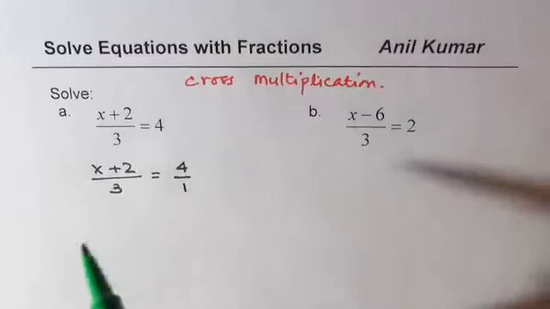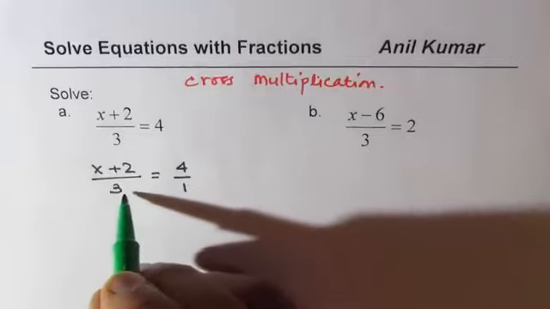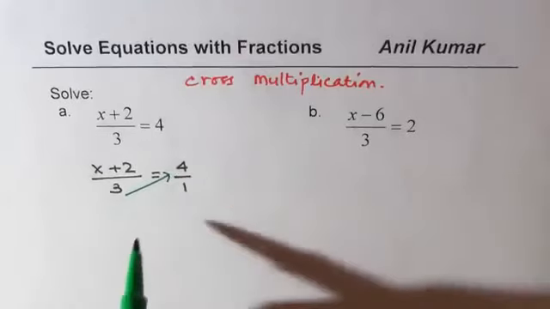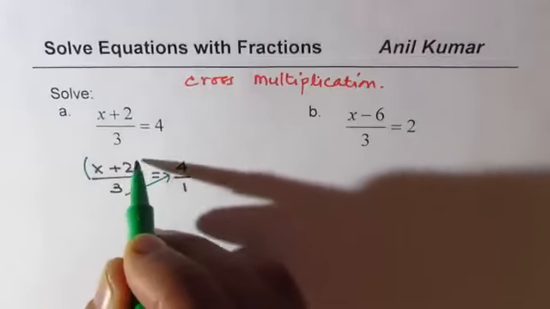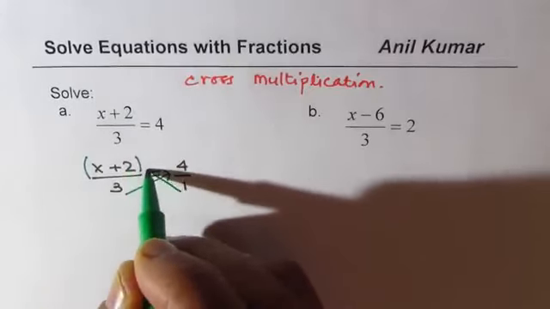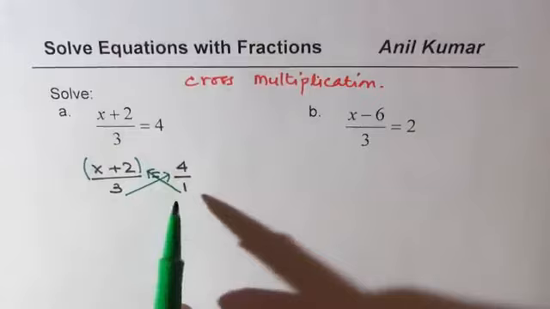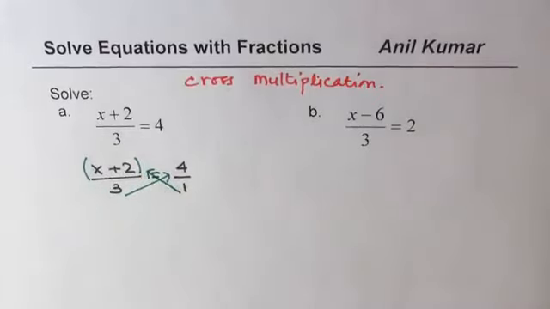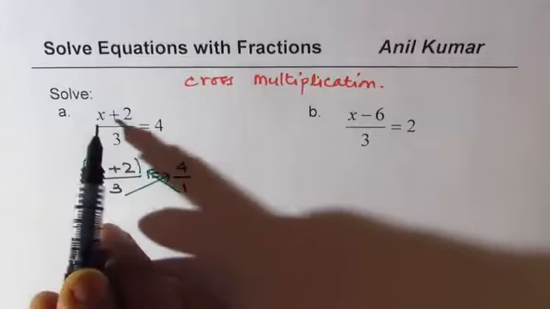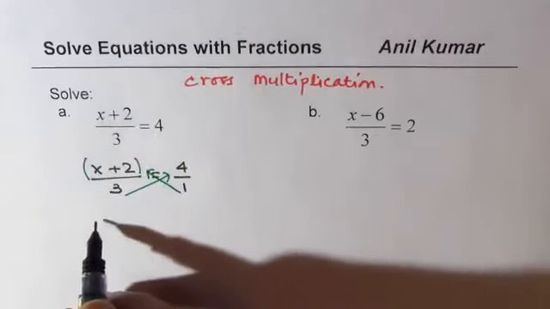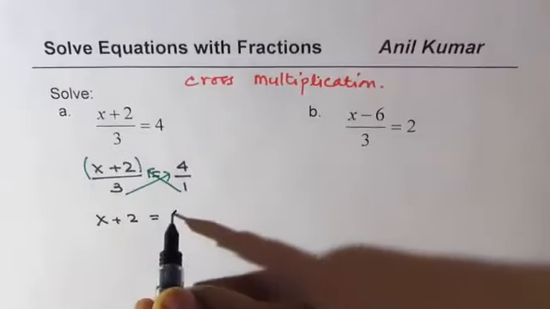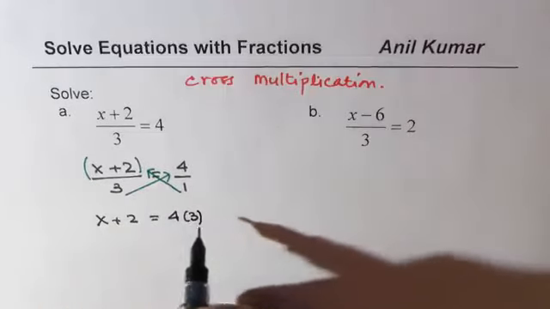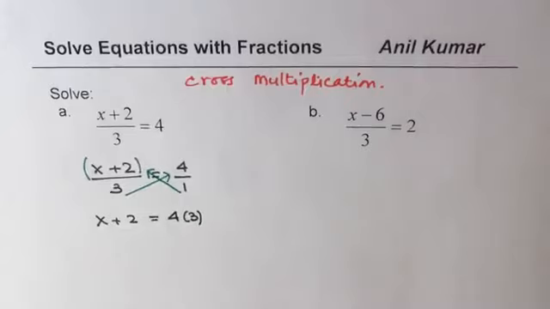So cross multiplication means this 3 gets multiplied with the term on the right side, and the whole term on the left gets multiplied by 1. You get an idea, right? So that means it remains kind of the same. So with cross multiplication, we're left with x plus 2 on the left side, and on the right side we get 4 times 3 or 3 times 4, one and the same thing.